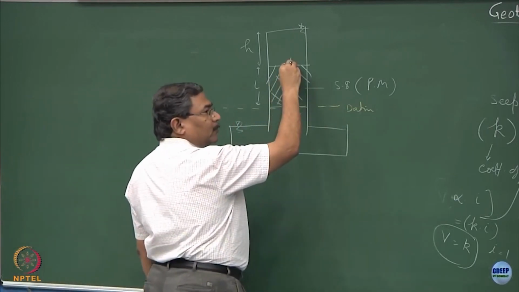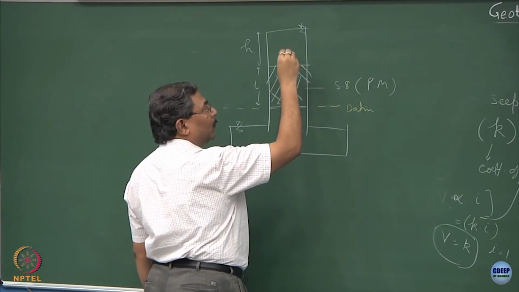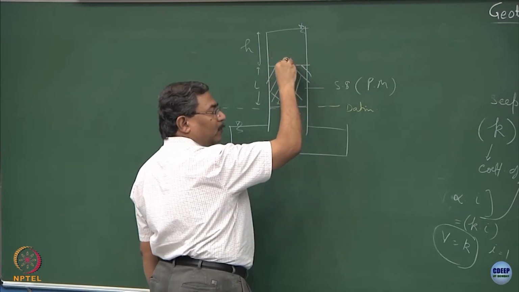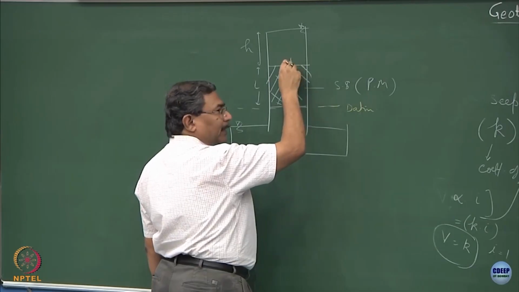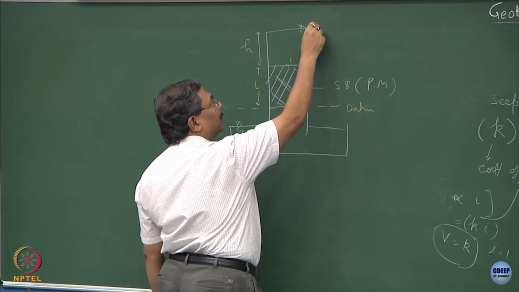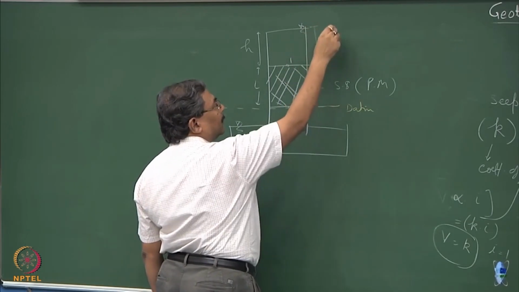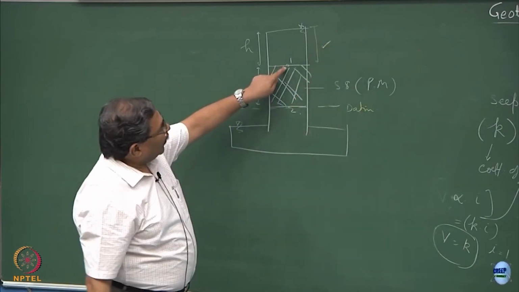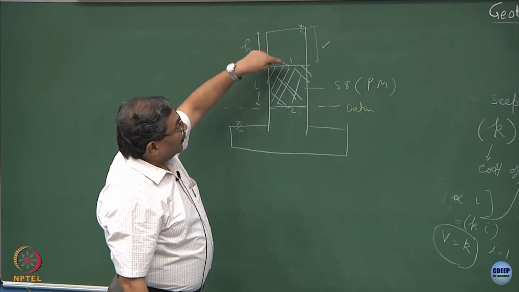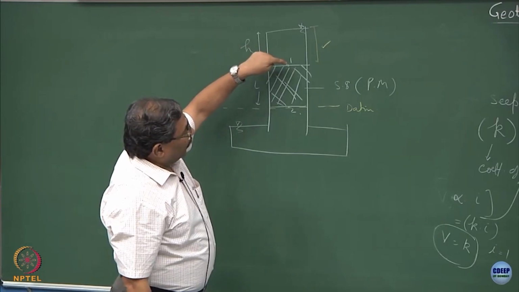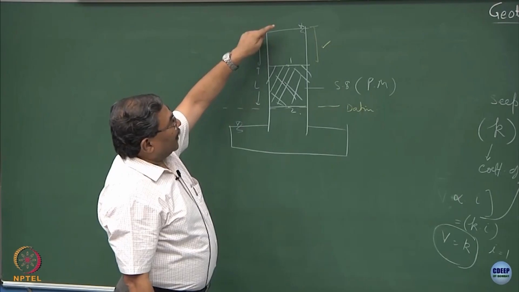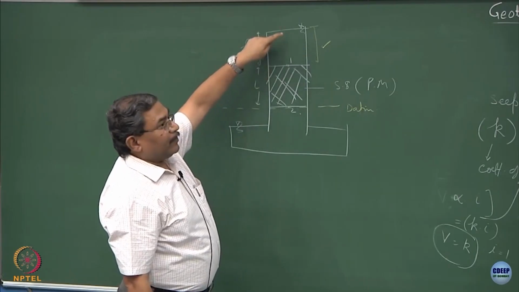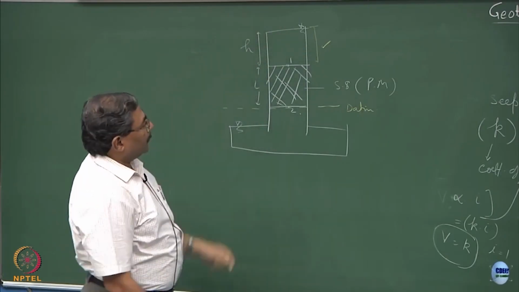Elevation head at point 1 is known. What you want is pressure head. How would you obtain the hydrostatic pressure head over it? If you put the piezometer here, this will go up to this height, clear? So, that means the piezometric head at point 1 is H. The piezometric head at point 1 is going to be rising up to the height H to equilibrate with the atmospheric conditions.